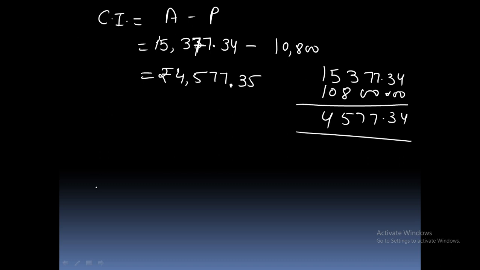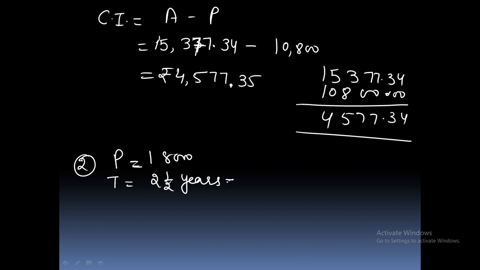For example, we have given principal is 18,000 and time is given 2.5 years, that is 5 by 2 years, and rate is given 10% per annum.